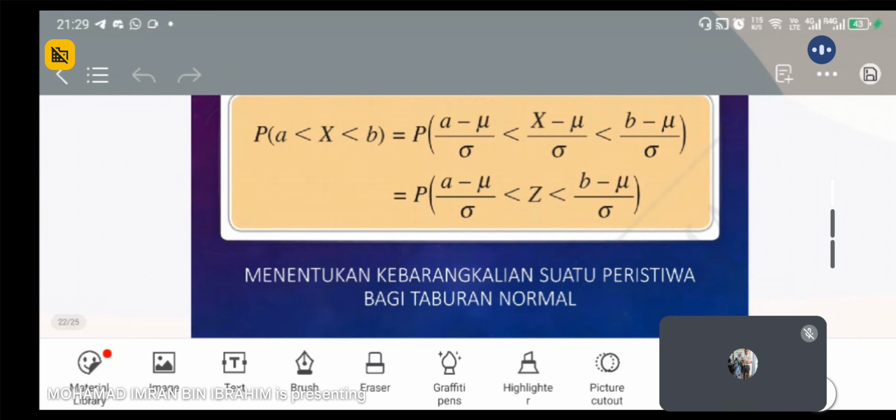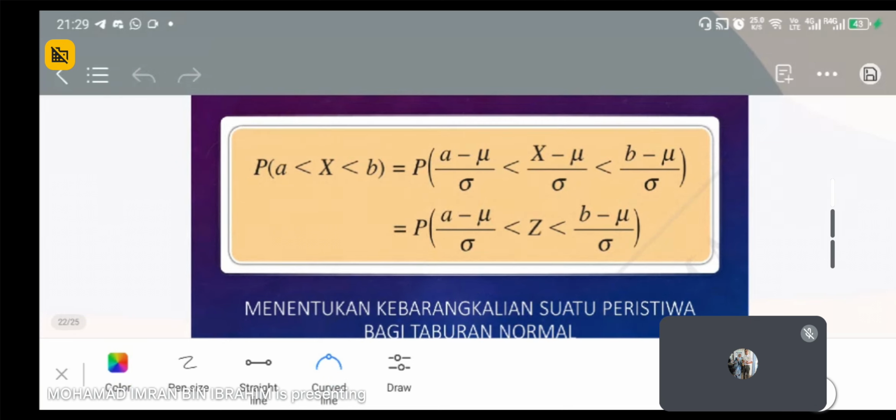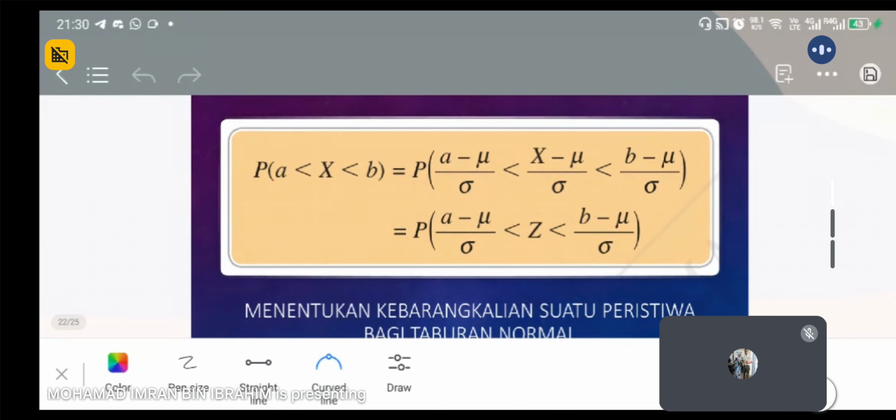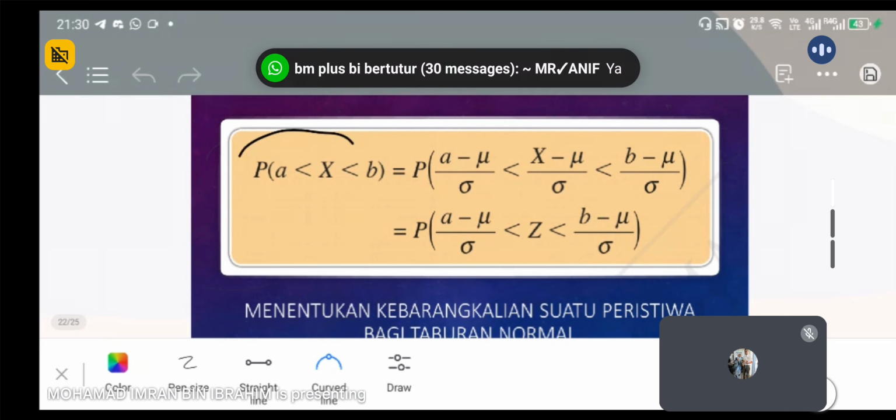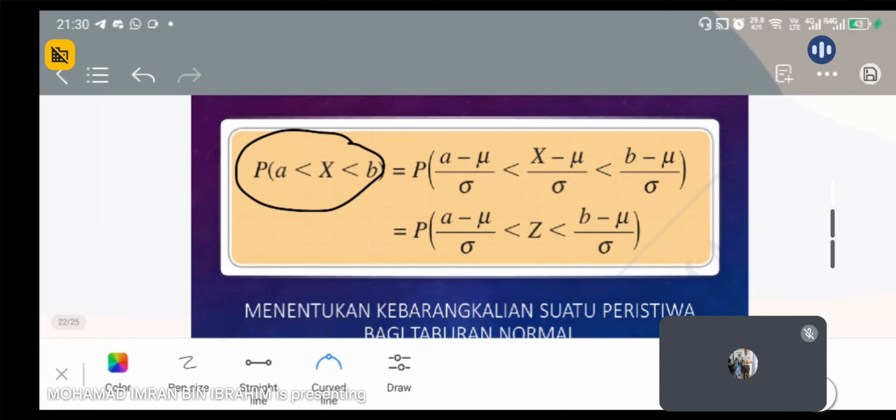Okay, so then we have determining the probability of an event for a normal distribution. In here, if you can understand, this probability of A is less than X, X is less than B. Okay, so you guys need to know that this is also equal to this, where we can change each one of these.